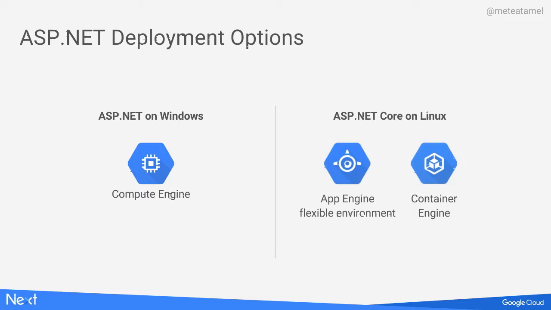If you made the switch from ASP.NET to ASP.NET Core running on Linux, then you have more choice. You can run it on App Engine Flexible Environment, or you can run it on Container Engine. In App Engine Flexible Environment, you take your ASP.NET Core app, put it in a Docker container, and just say to App Engine, take this container and run it for me at scale.